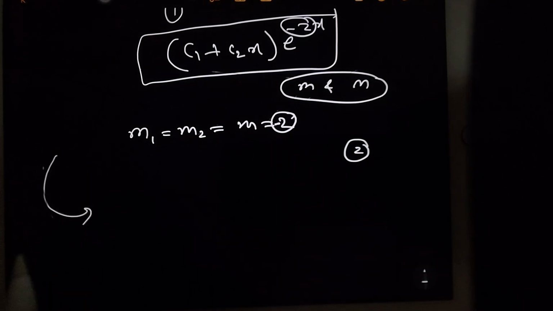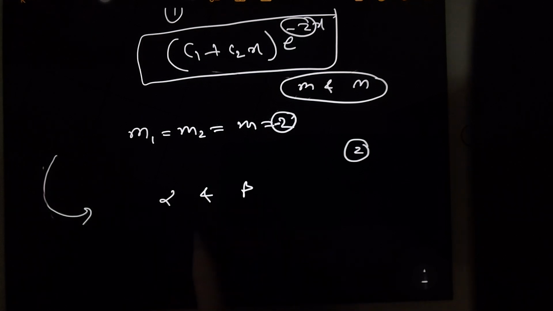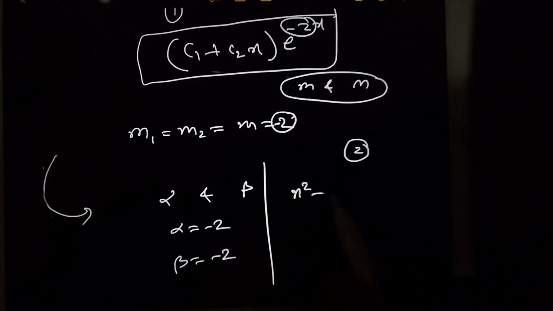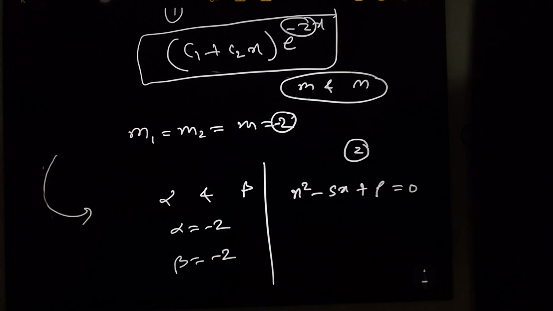Now think like a 9th class student. If alpha and beta are two roots of a quadratic equation, then what will be the equation? Here alpha is equal to minus 2 and beta is equal to minus 2. I told you in the previous lecture, x square minus sx plus p is equal to 0 will be the equation. What is s? Sum of the roots, alpha plus beta.